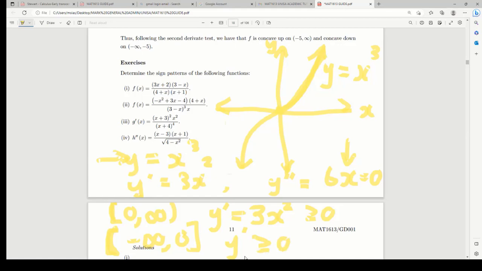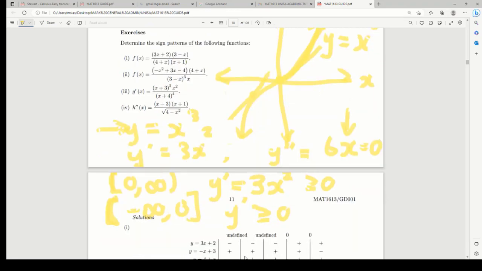It's 0 at the origin, but the slope of the tangent line at any point there is a positive slope, which means this is a rising function through the whole of the real numbers from minus infinity up to infinity, okay? So it rises, it never falls. The first derivative is always positive or 0.